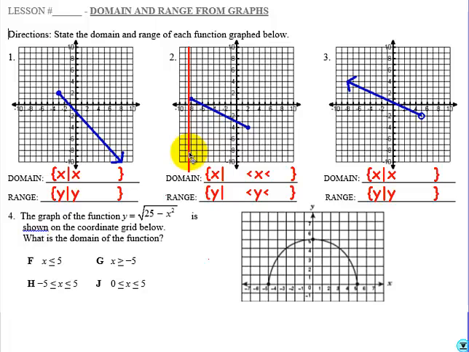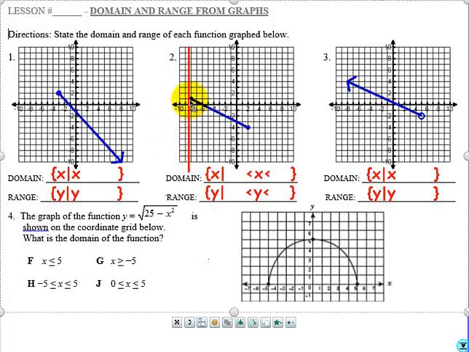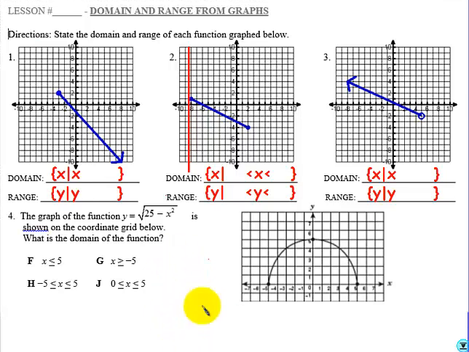And as we see, when we touch the line, the x value is -8. So I'm going to write -8 as my beginning value. Now because this is a solid point, I'm going to include the dash right there.